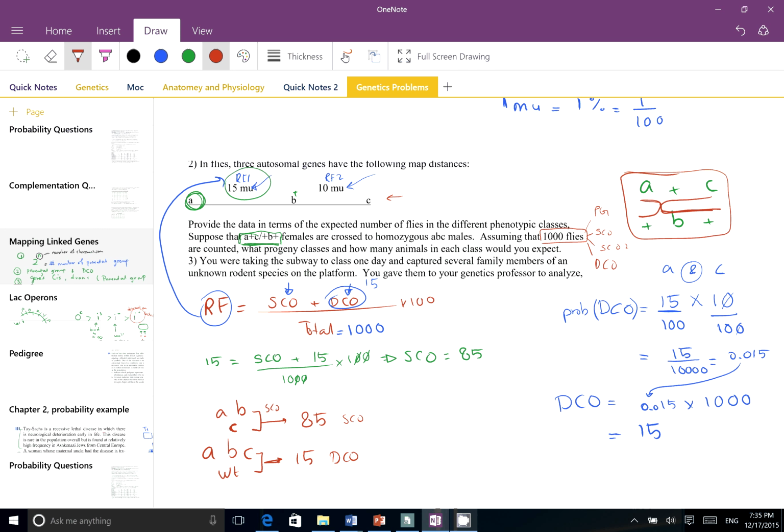And then for my second crossover, I use this relative frequency number.